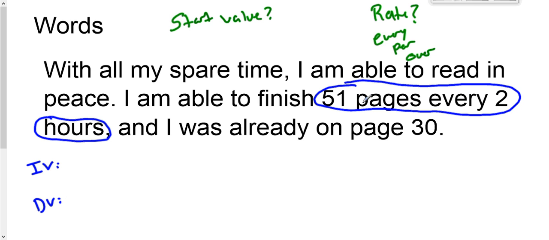Does the pages control the hours, or do the hours control the pages? A big telltale sign is whichever one would be on the bottom of your fraction. So our rate is 51 over 2. Whatever unit's on the bottom is the IV.